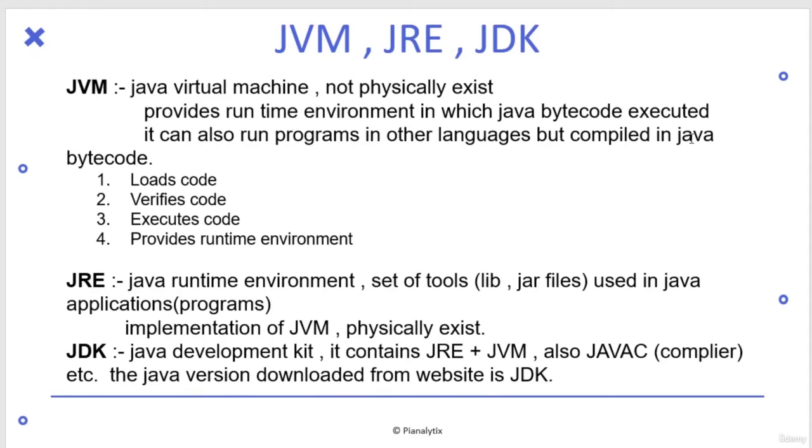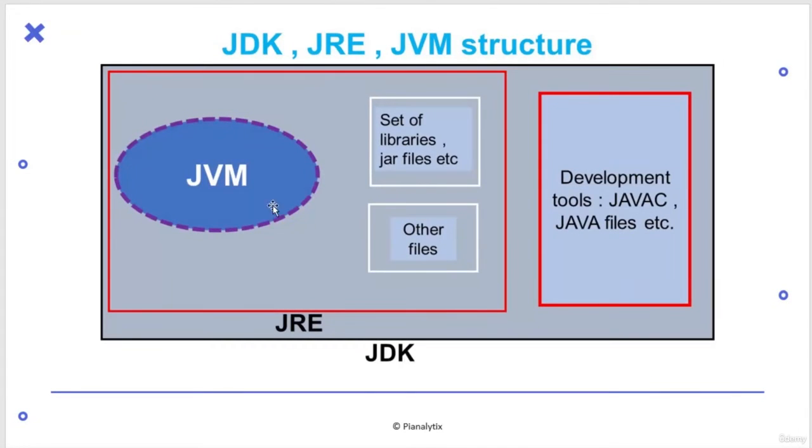Let's see the structure of these. The JDK is the superset, the union of the JRE and JVM. The JVM is the smallest part, the Java Virtual Machine. Then the Java Runtime Environment contains a set of libraries, JAR files, and some other files, and it contains the JVM also.